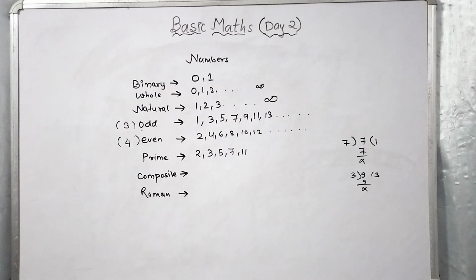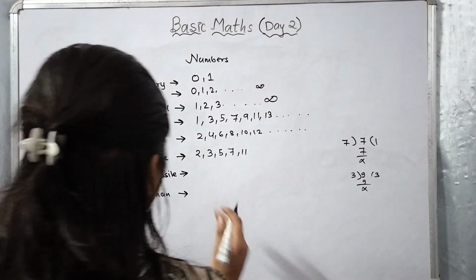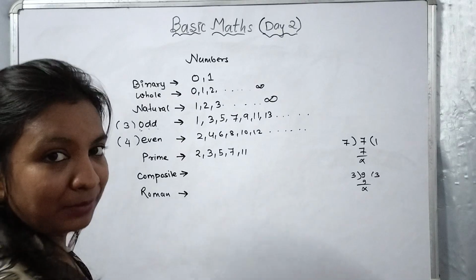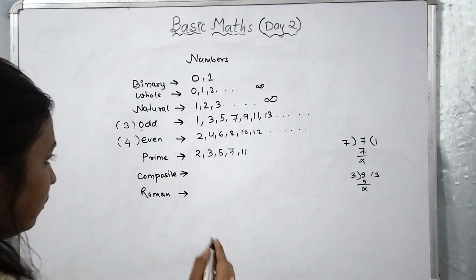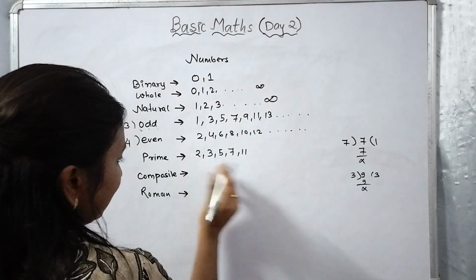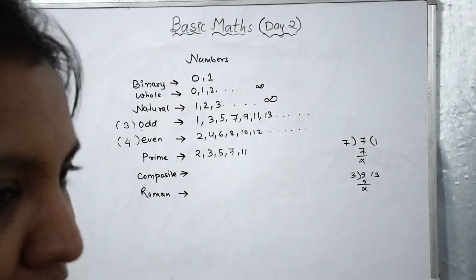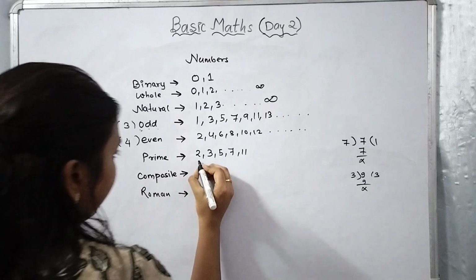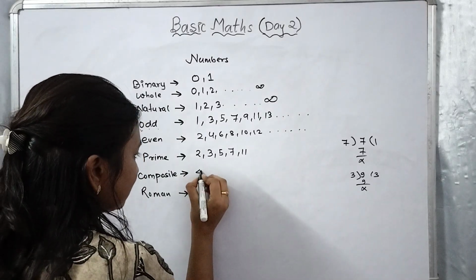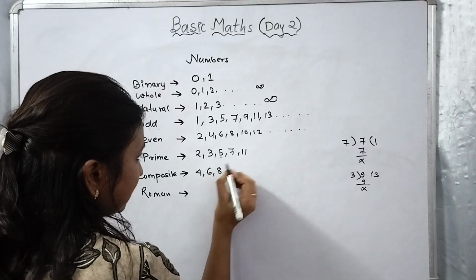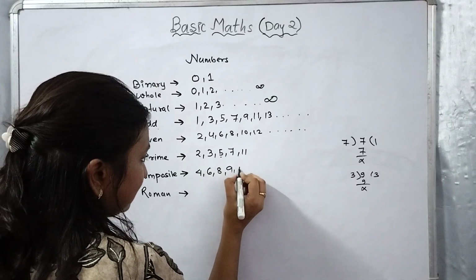And one more thing, composite numbers are those numbers which are not prime numbers. Fine? So 1 is neither a prime number nor a composite number, but 2 and 3 are prime numbers, 4 is a composite number, 5 is a prime number, 6 is composite, 7 is prime, 8, 9, 10.